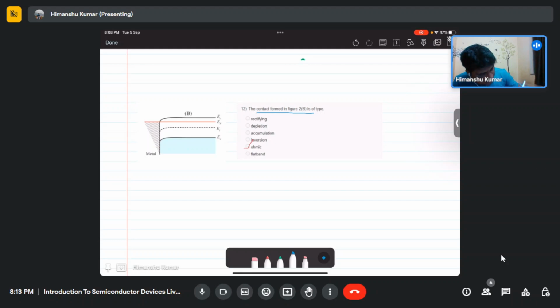This positive bias will bring this side's Fermi level down and pull the whole band down. If you pull this band down, all the electrons available here can easily cross this junction.